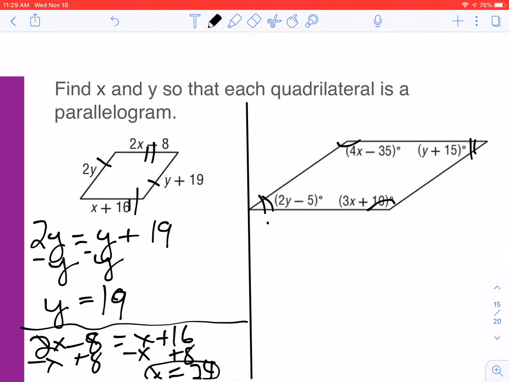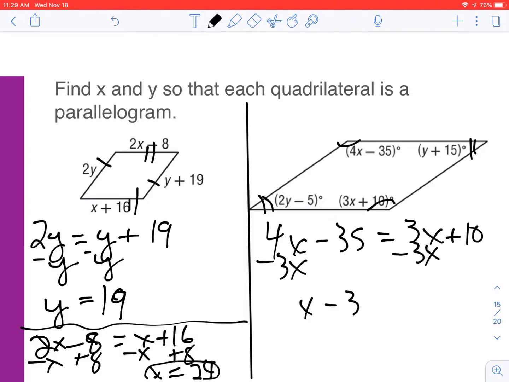Come over here. 4x minus 35 equals 3x plus 10. Minus 3x, minus 3x. x minus 35 equals 10. Add 35. You get x equals 45.